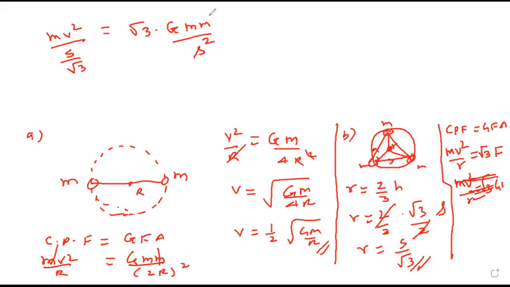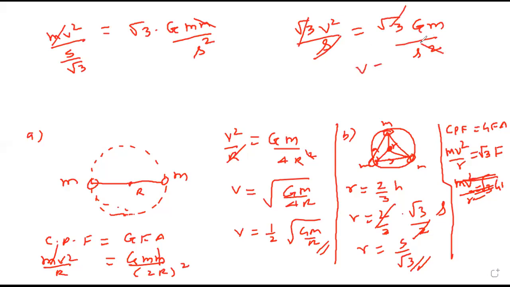So one m I can cancel from both sides. √3 times v square upon side is √3 GM upon side square. So √3 cancels, s cancels. V will be root of GM upon side.